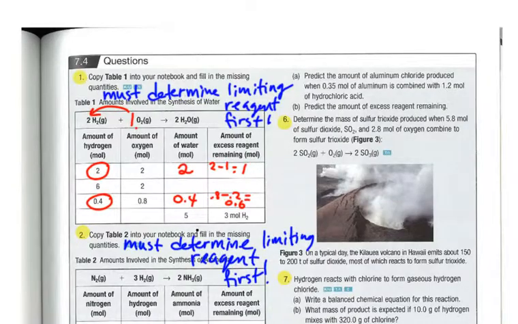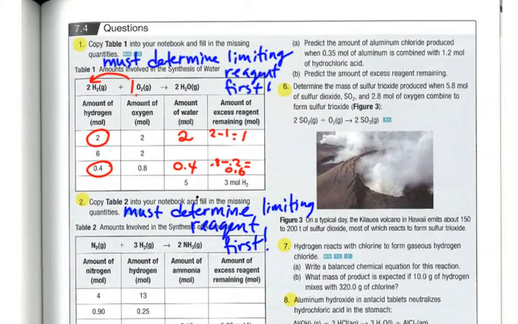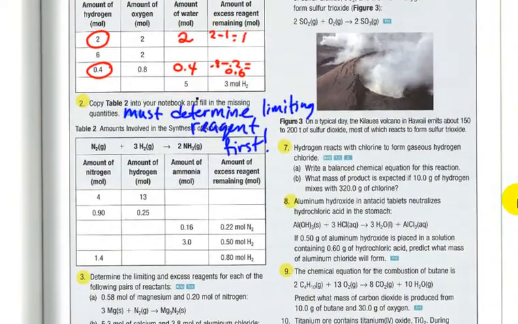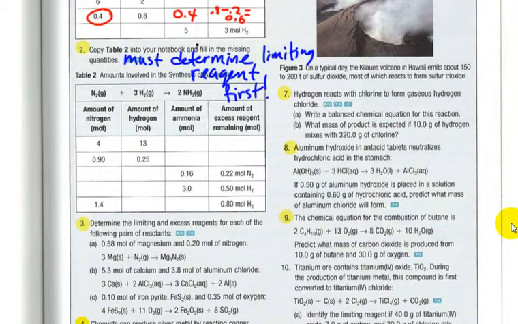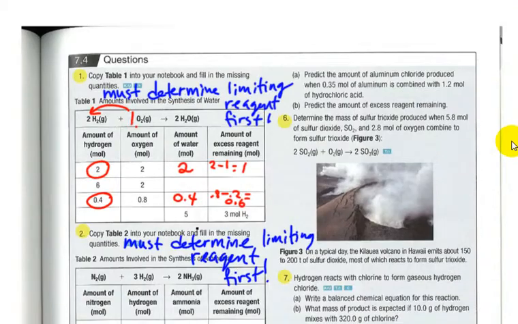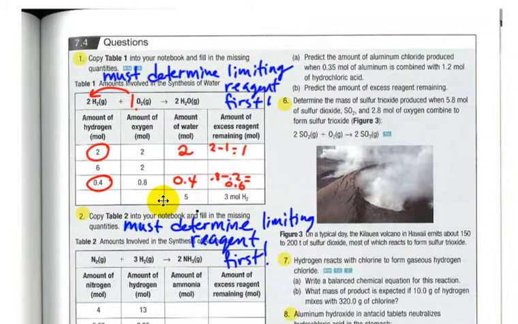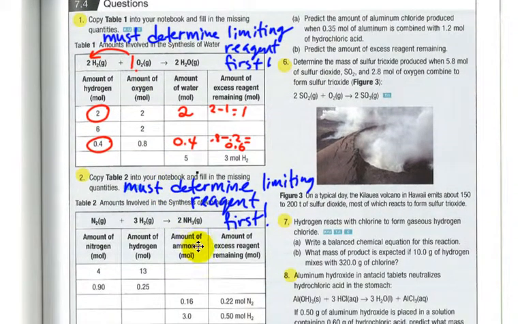Okay. If we take a look here at the questions, I want you to do number 1, number 2, 3, 4, 6, 7, 8, and 9. Okay? And for the chart here, you don't necessarily have to show me the work. I'm just more concerned about the answers. So you must determine what the limiting reagent is first before you can figure out how much product is formed.